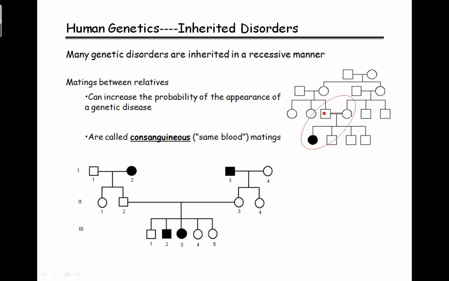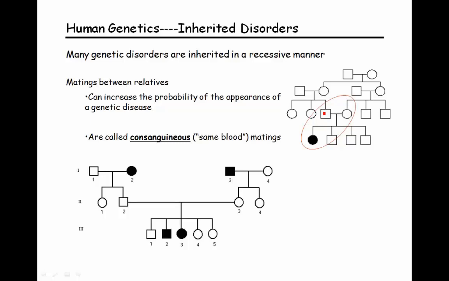Well, the reason that this is going to increase the probability of getting a genetic disease in the offspring is because you do share a lot of DNA with your relatives, obviously. There are many genetic disorders out there, and we're all predicted to be carriers for some number of genetic disorders.